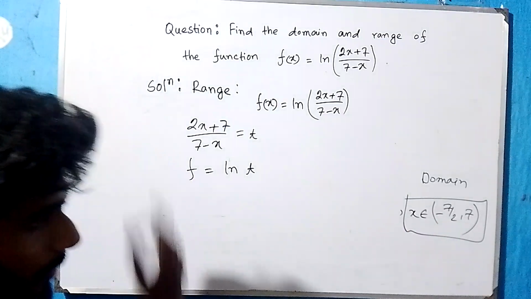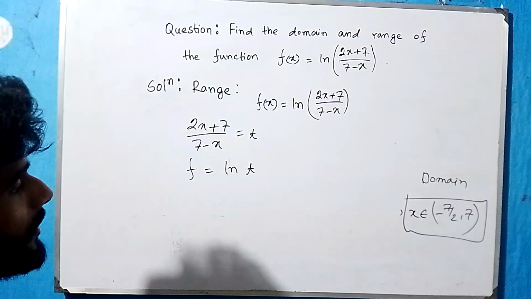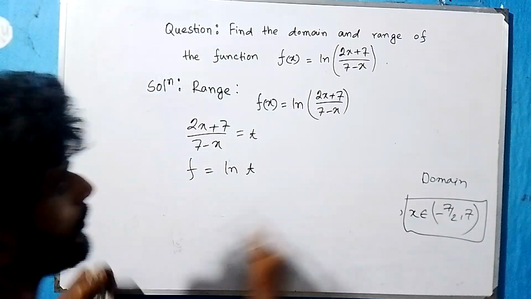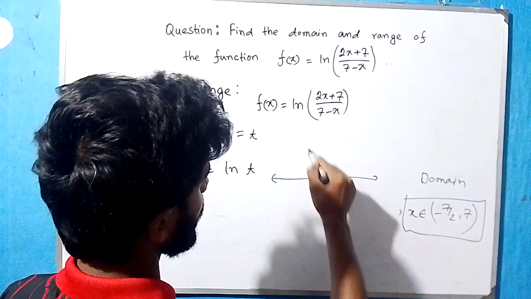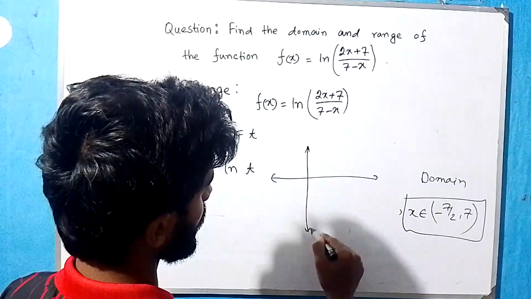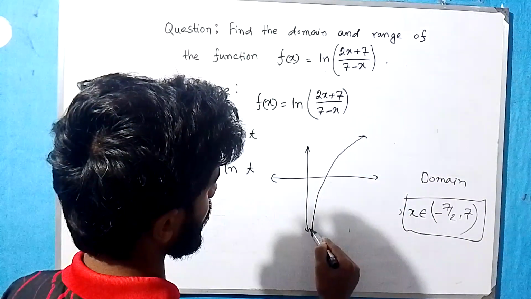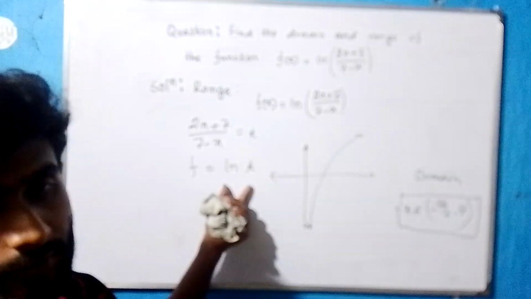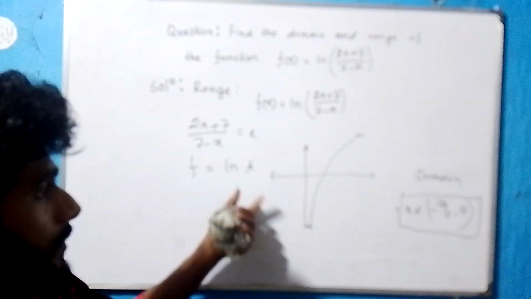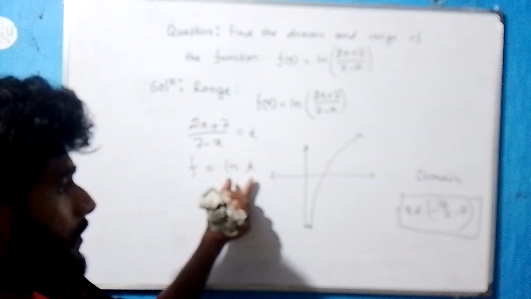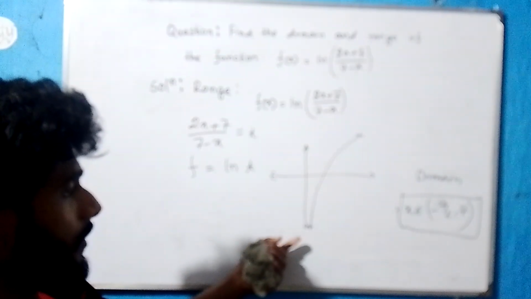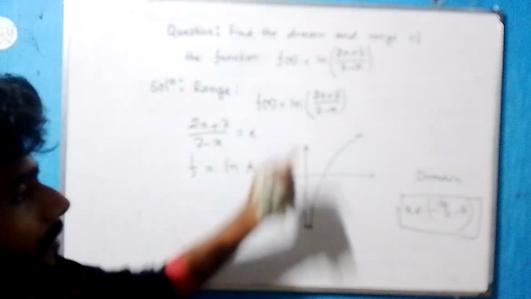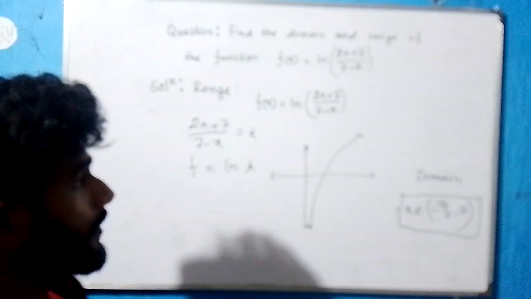So simply ln of t looks like this, the graph of ln of t, right? That is, ln of t is from negative infinity to positive infinity, right?